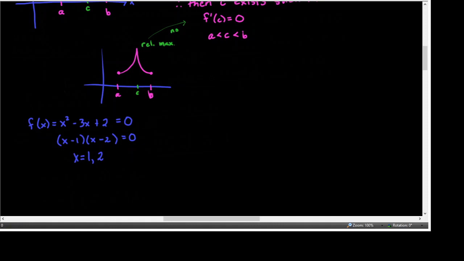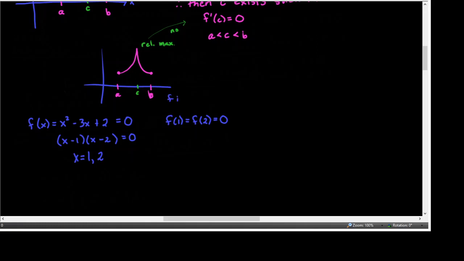Well, now we're supposed to show that since we have f of 1 and f of 2 both giving us 0 as an answer, and f is a continuous and differentiable function for all real numbers, we know that we have all three conditions met.